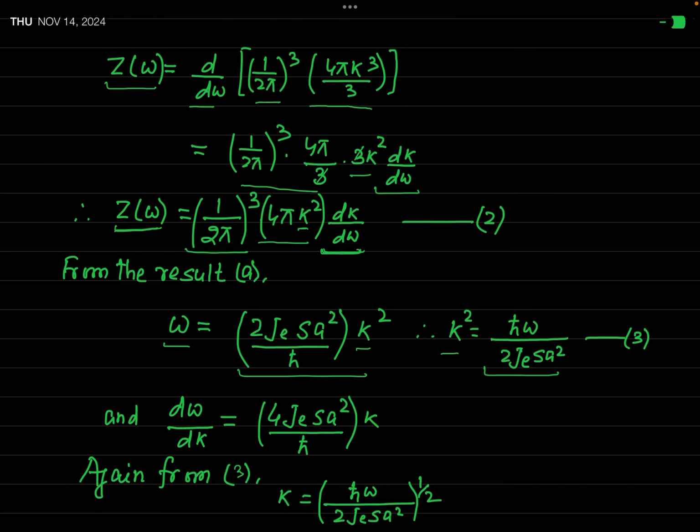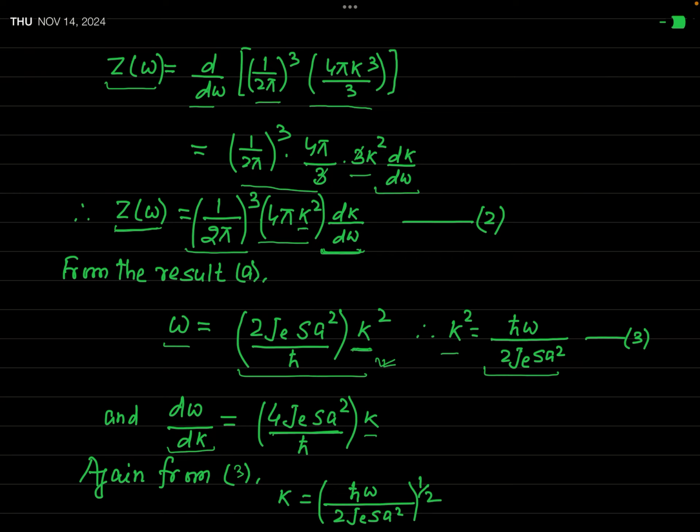And as omega is equal to this much, you can easily find d omega by dk. What will be this d omega by dk? You can see this is in fact 2 JeS a square over h bar times 2k. Derivative of k square will be 2k. That too has been multiplied here. So I have written 4 JeS a square over h bar times k. This is the value of d omega by dk.